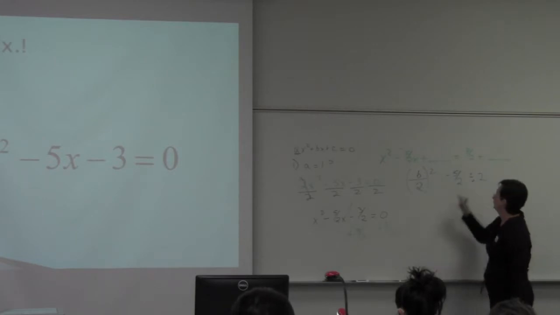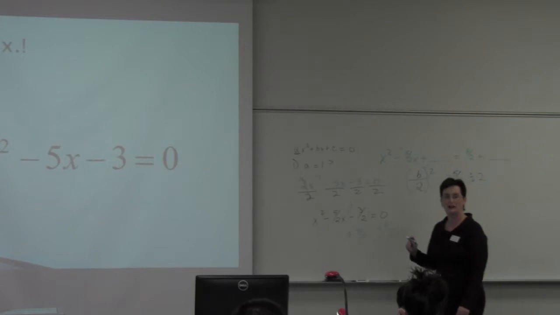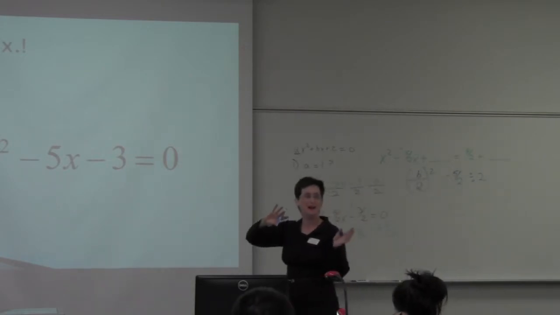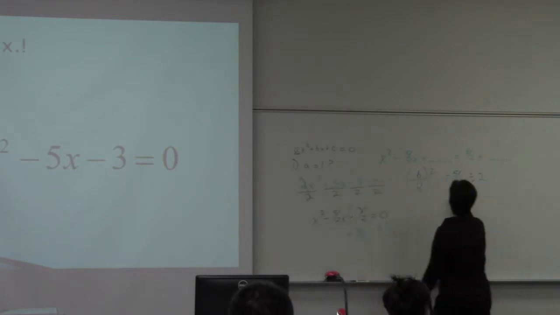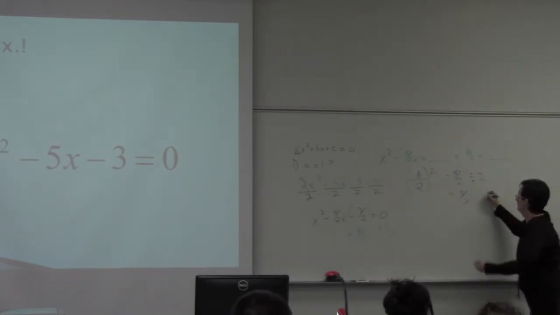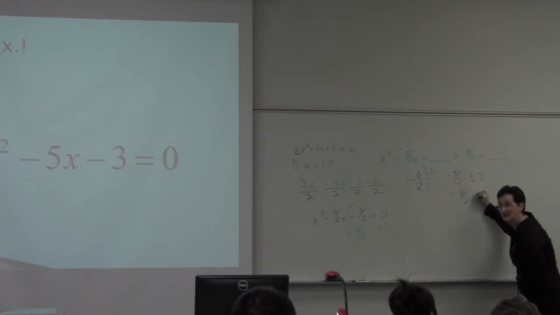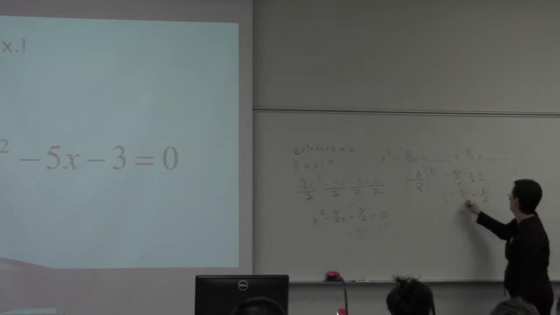However, since this is a fraction, how do we divide when we have fractions? Multiply by the reciprocal. So negative 5 halves divided by 2 is the same as negative 5 halves times 1/2.